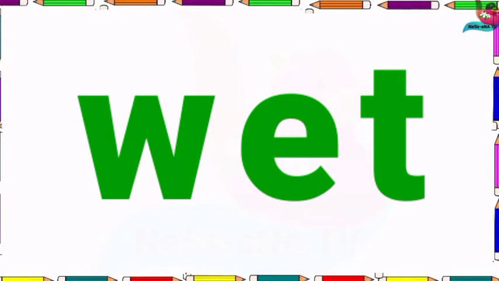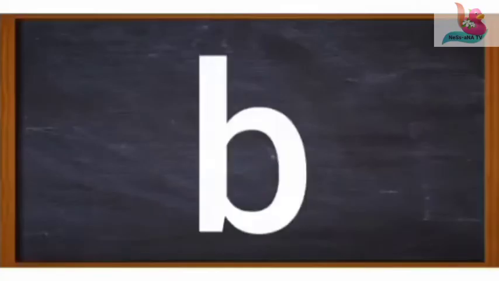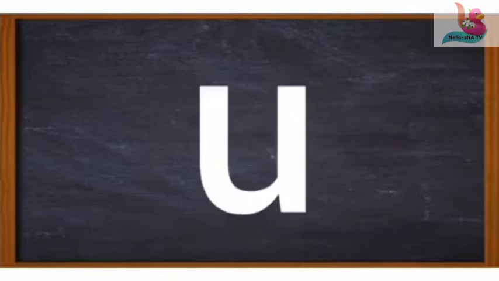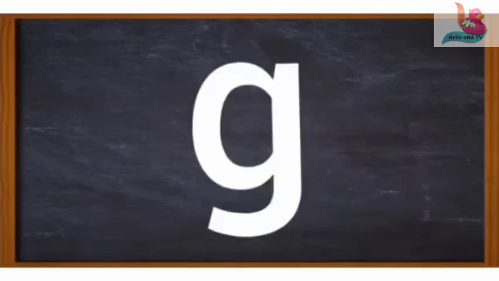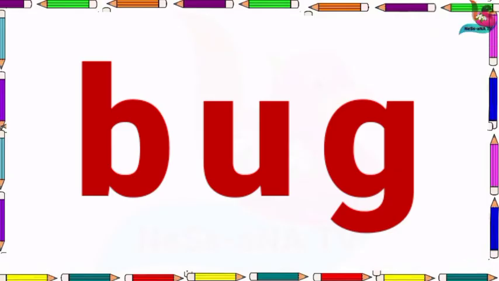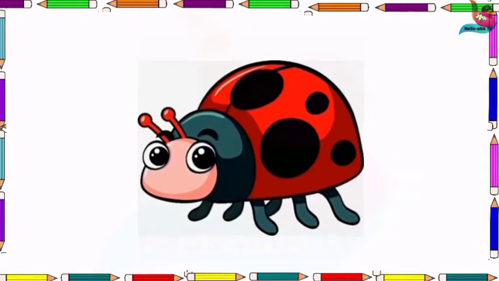Very good. The next one, the first letter is letter B, and letter B sounds B. The next one, O. The third one, G. Letter G sounds G. And then we have B, O, G. Bug.